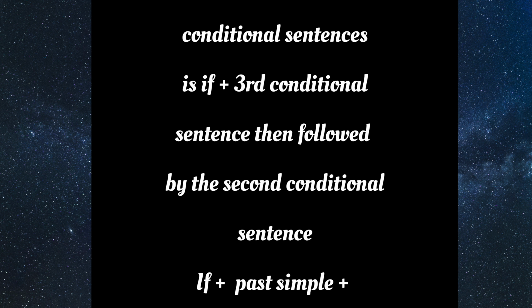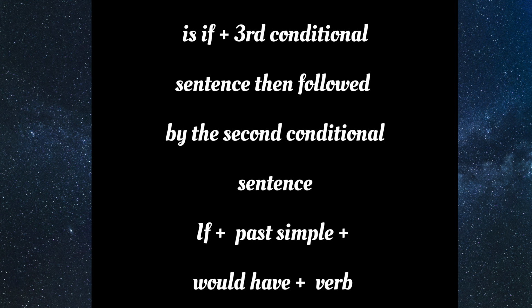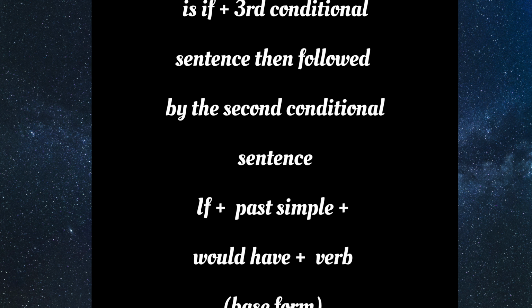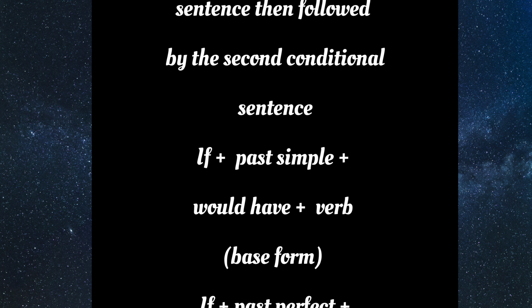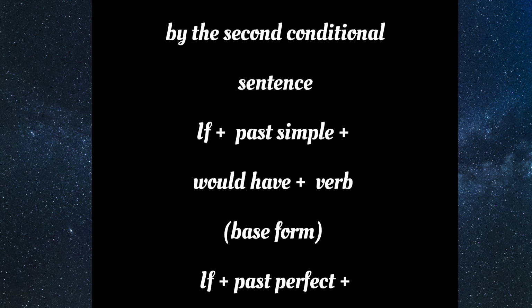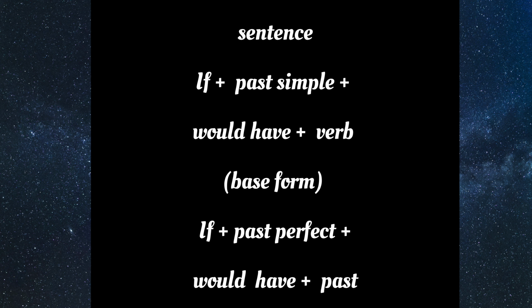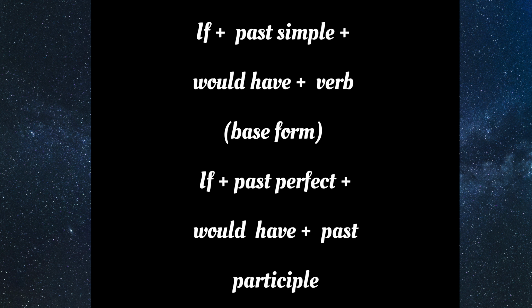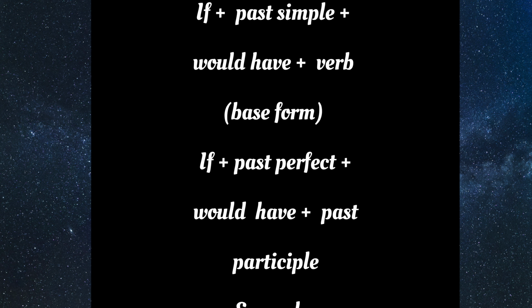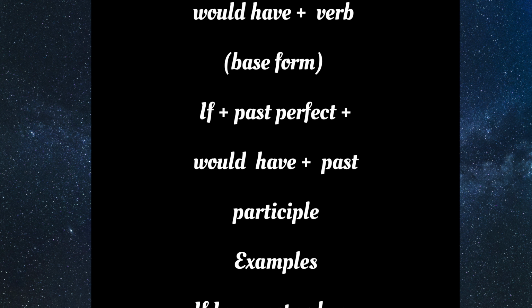Explained in terms of construction, it is as follows: starting with if plus past simple tense, then would have, and then the verb. The second form uses if, followed by the past perfect tense, then would have, followed by the past participle.